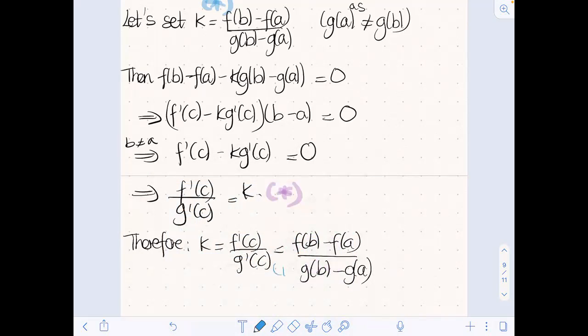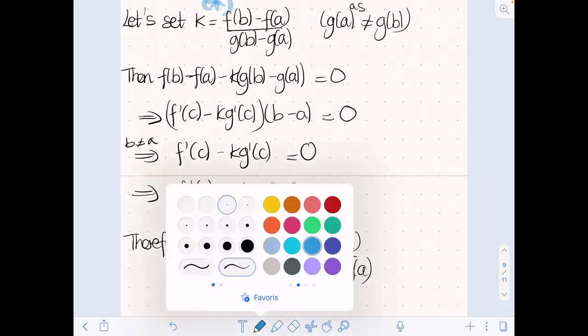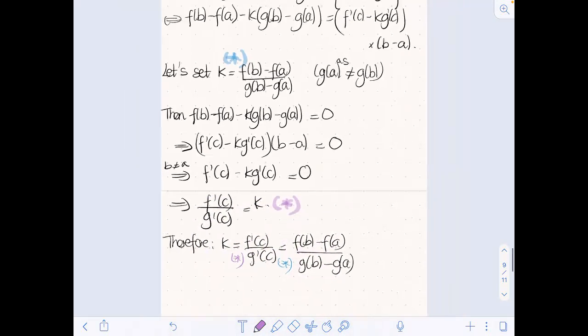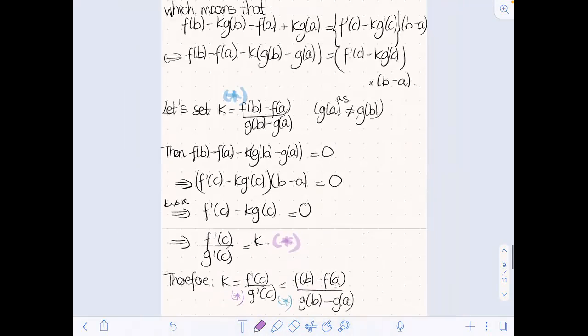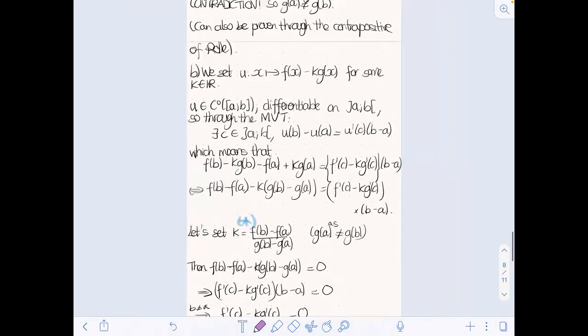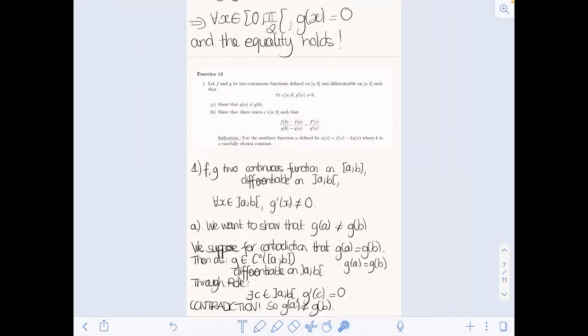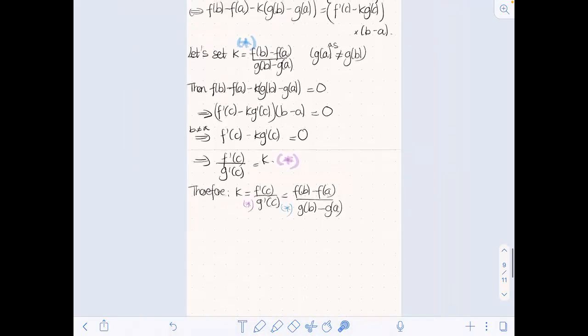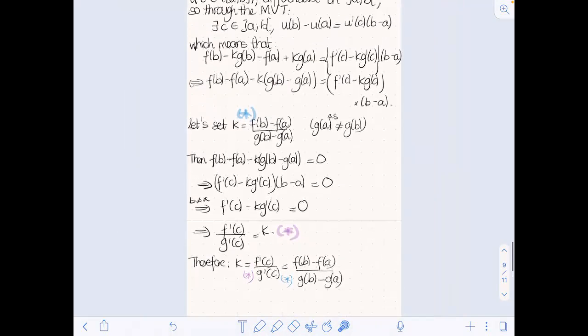The second one is this one, sorry, and the first one is the one that's just above. And if you have a look at what we were trying to prove, it's here. It's exactly the equality that we've ended up with, c defined through the mean value theorem for our function u. And that allows us to conclude on the first part of the exercise.